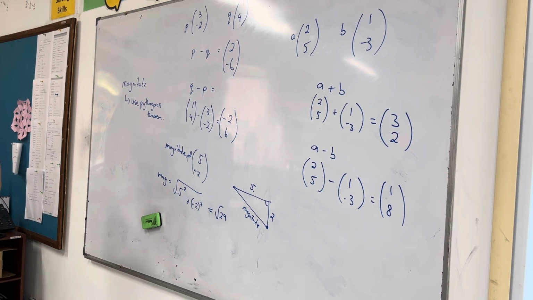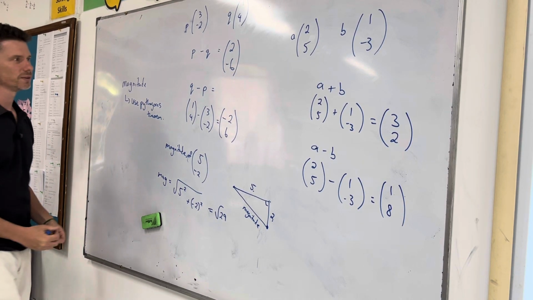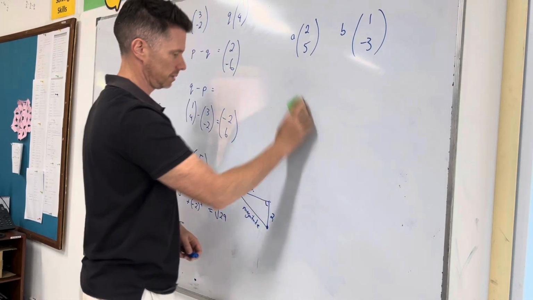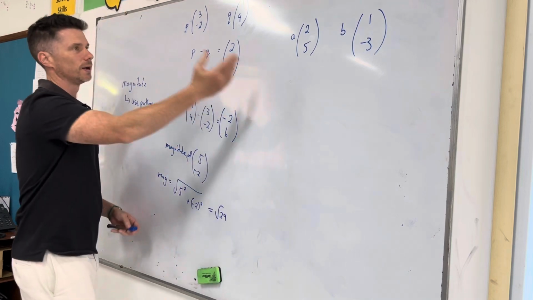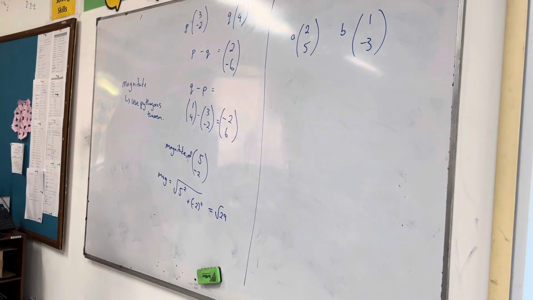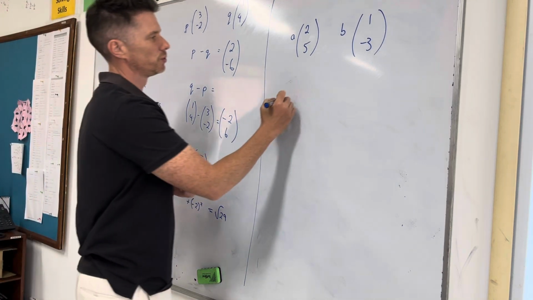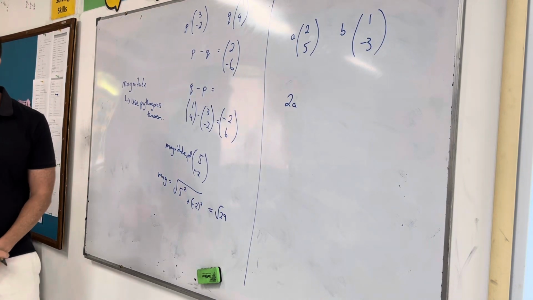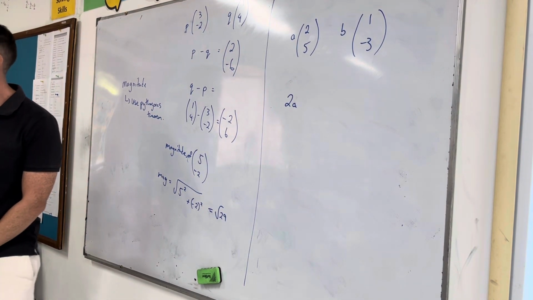Okay. What happens if we multiply by something called a scalar? A scalar is just a normal number. So if I multiply a vector, let's just use A and B before I use this example here. I have A and B here. What is 2A? Twice A. It is 4, 10.